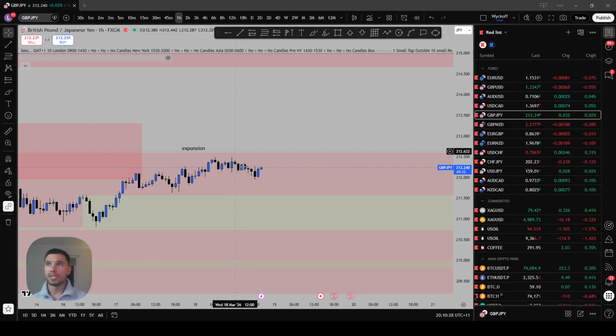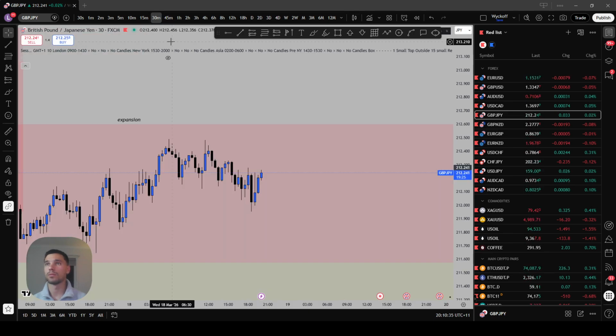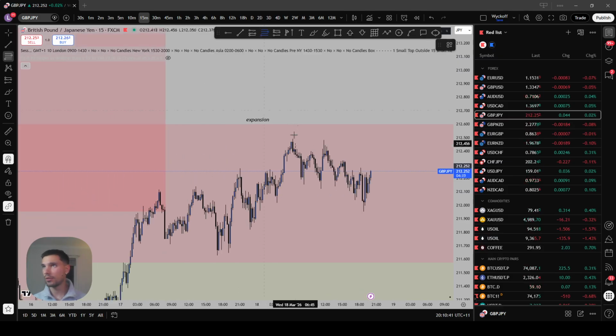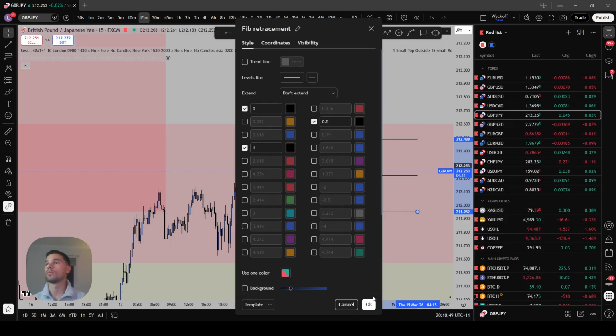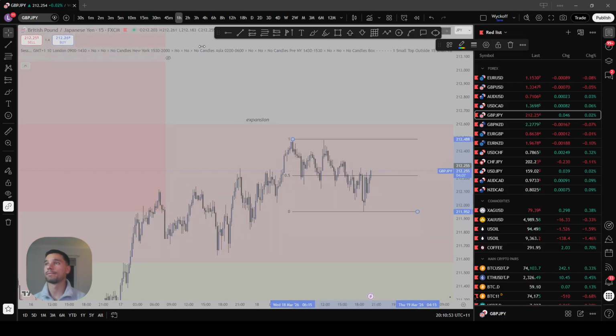Yeah, we can see price is potentially forming some form of topping structure here. Have we confirmed a range yet though? I will allow that.